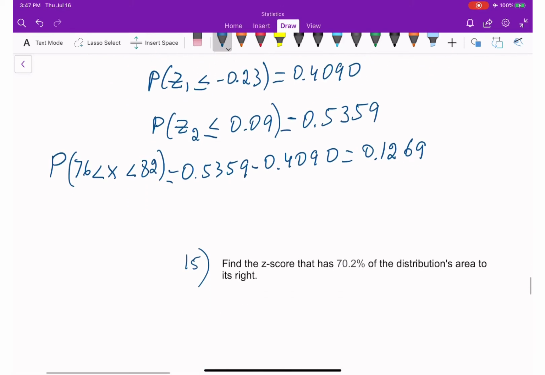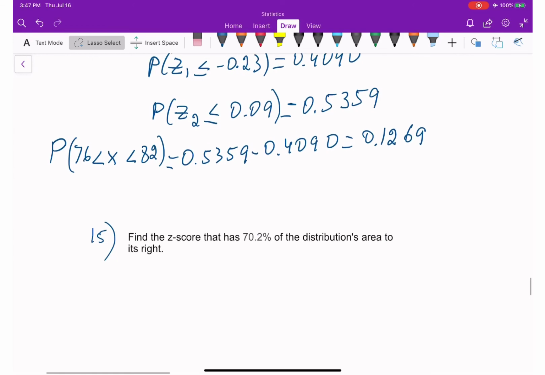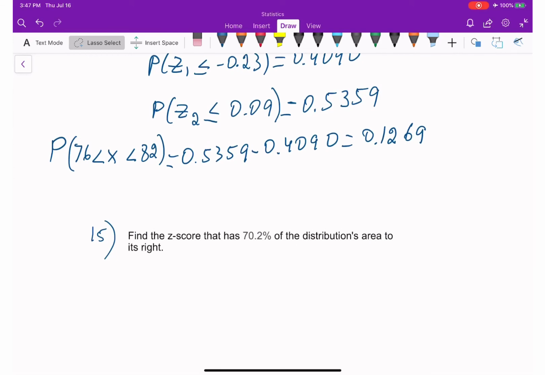Okay. Question number 15. Find the z-score that has 70.2% of the distribution's area to its right. It's crucially important: to its right. So 70%, it's going to be somewhere here.